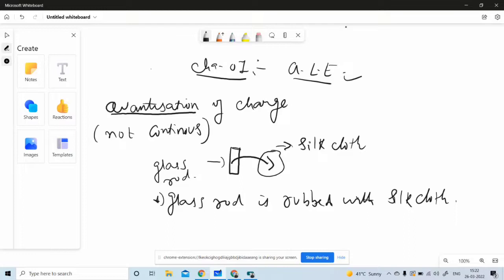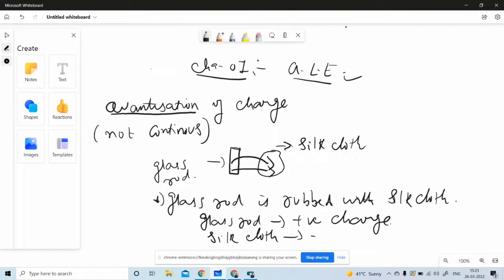As electrons are loosely attached to the glass rod, they will be transferred from glass rod to silk. As the glass rod is losing electrons, it will gain positive charge, and these electrons will be received by the silk cloth. Since electrons are negative charge, the silk cloth will be negatively charged.